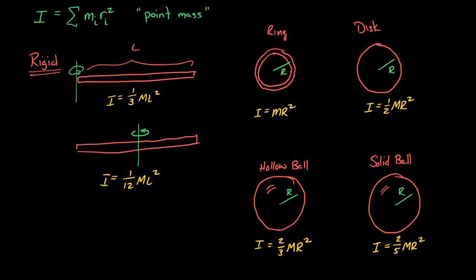Now I have one last thing about moments of inertia I want to tell you about. All right, let's say I have a solid cylinder. You don't need a new shape to describe a solid cylinder.